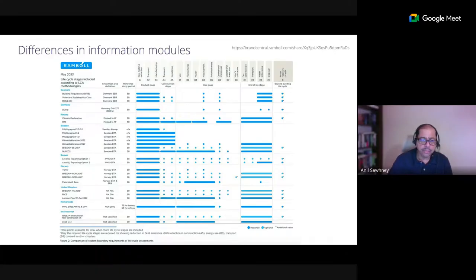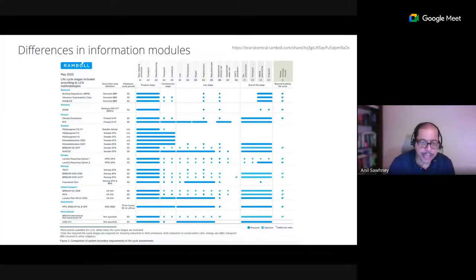So there are various methodologies currently available. These methodologies, as you can see, have varying applications of the modules. Many modules are not currently incorporated into these calculations.